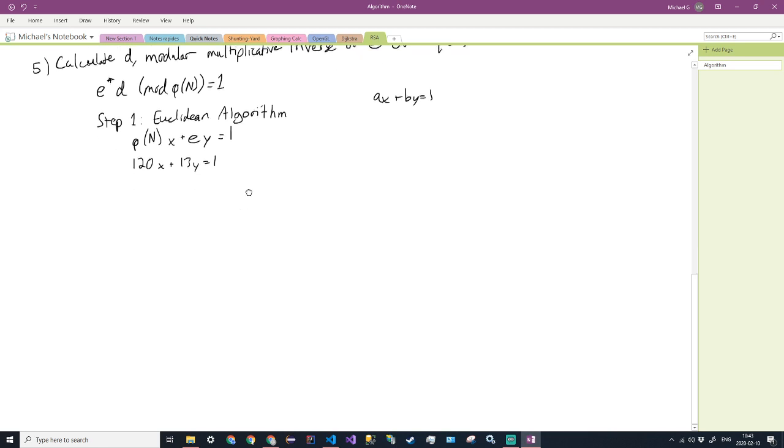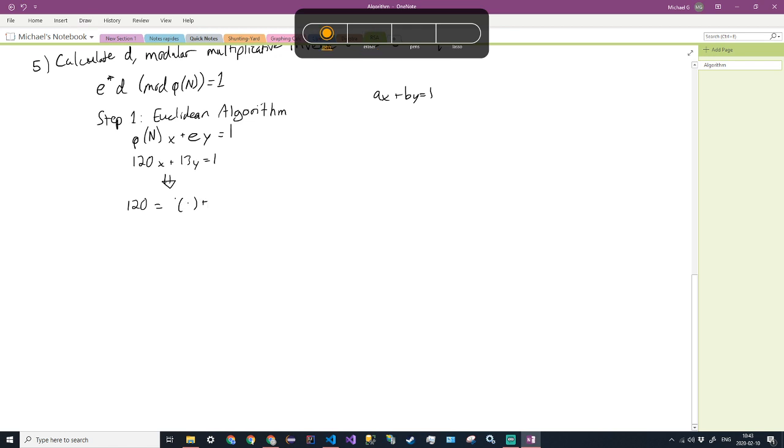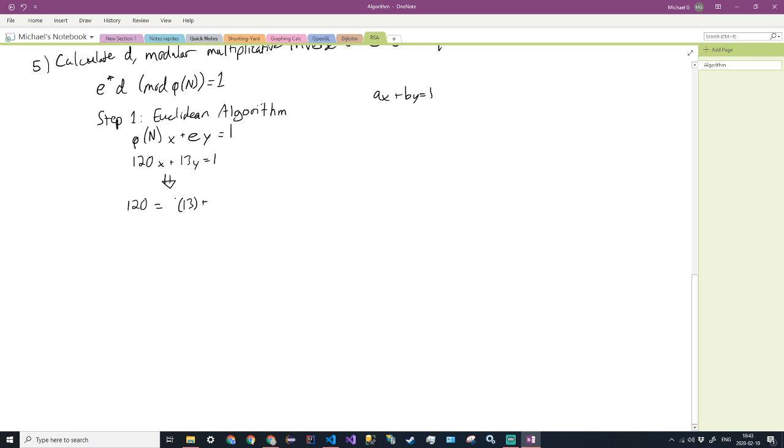And this equation here will translate into 120 is equal to something times 13 plus a constant. So this is where the modular aspect comes into it. Essentially what we're trying to do is take these two numbers, put the 120 on the left side, the 13 on the right side, and figure out how many times 13 goes into 120 using integer division, so floor division.